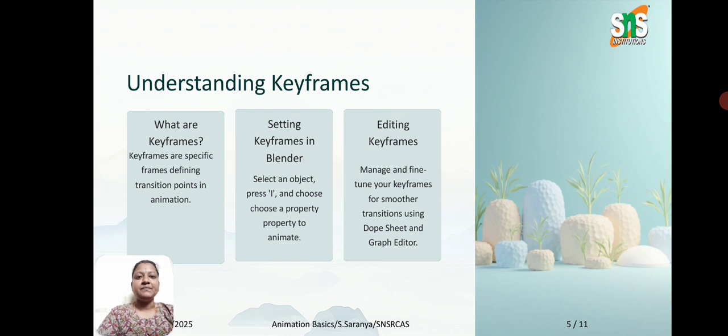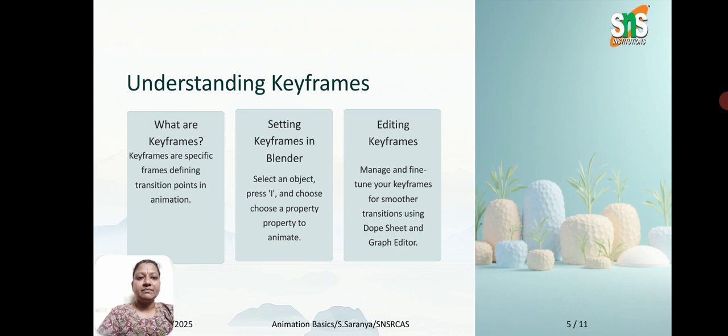Understanding keyframes. First of all, we need to know what is meant by keyframes. A keyframe is a specific frame used for transition points in animation. Without the keyframe, we can't set the time, or see the motion from one frame to another frame.